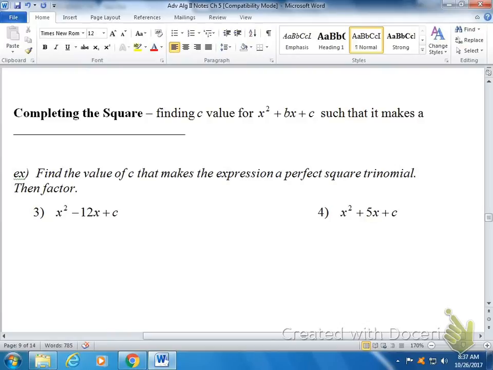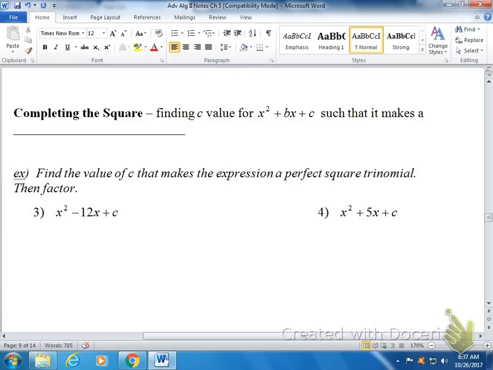So before we can actually see why completing the square is important in dealing with quadratics, let's just deal with the method first. So let's say we have an x squared term and then some sort of x term. There's going to be some value that's going to complete that square to where we can put its factor in parentheses to the second power.